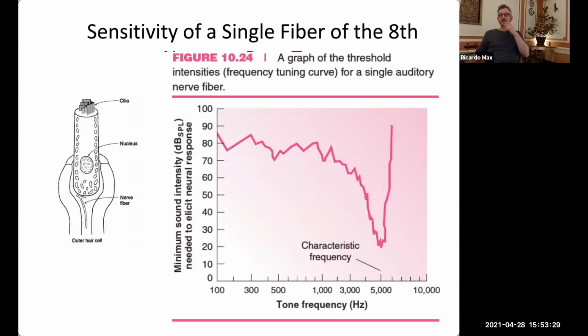So this is one fiber that is connected to one single outer hair cell, and this is the activity of this neurofiber. This is a single cell recording of this single nerve. It's a cat, I think.